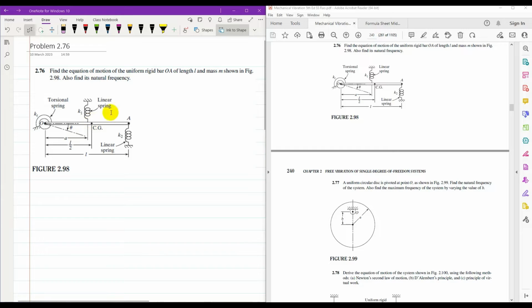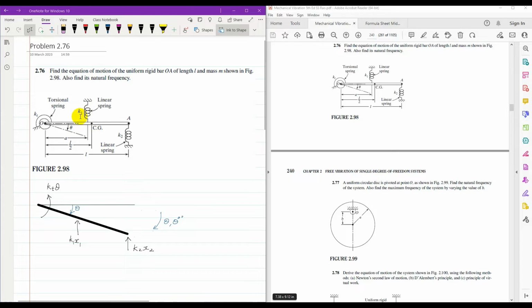So we need to draw its free body diagram to get the equation of motion. Assuming the direction of rotation is clockwise, theta is the direction of rotation. The torsional spring produces a moment opposite to the direction of motion, which is Kt theta.